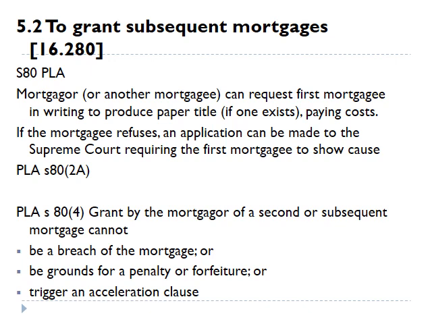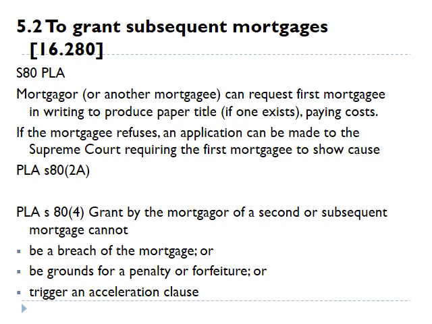There is a right of a mortgagor to grant second and subsequent mortgages. That is, there cannot be a provision in one mortgage, a prior mortgage, if you like, which prevents a mortgagor from granting further mortgages.